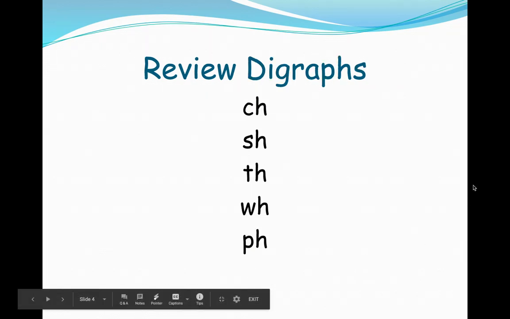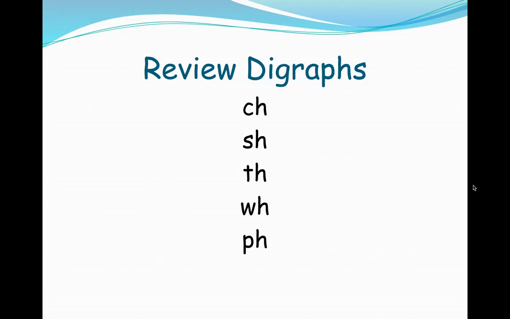Now we're going to review our digraphs. Ch, sh, th, wh, ph. And we always do our beautiful song to help us remember our digraphs. C, H, put them together. Ch, ch, ch. S, H, put them together. Sh, sh, sh.